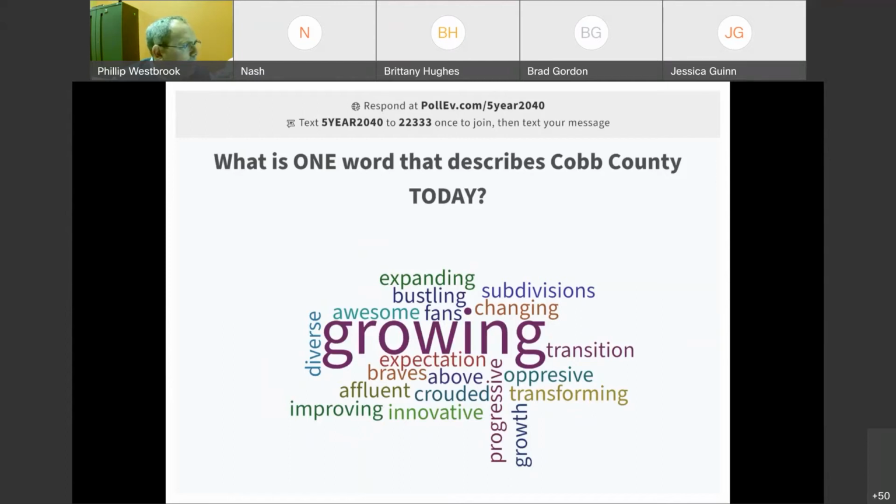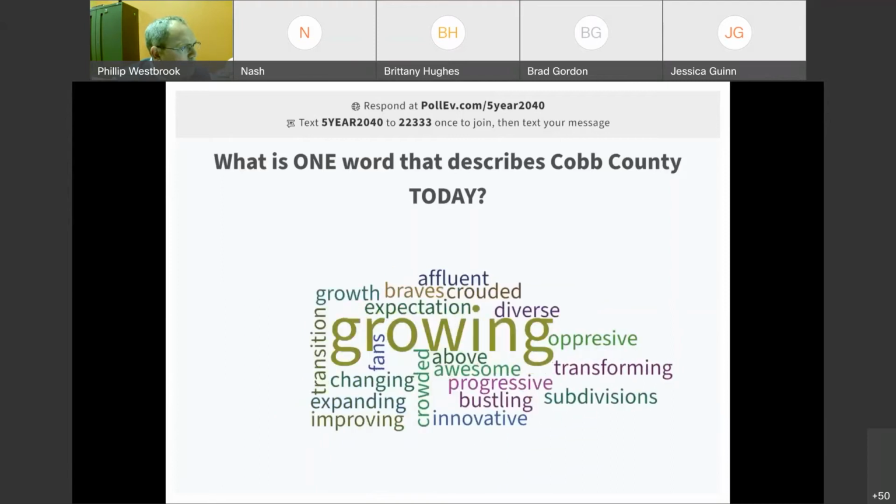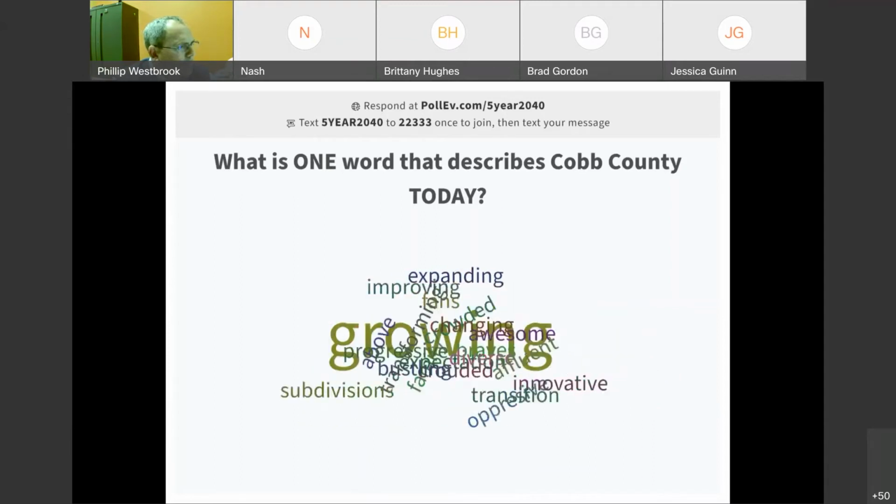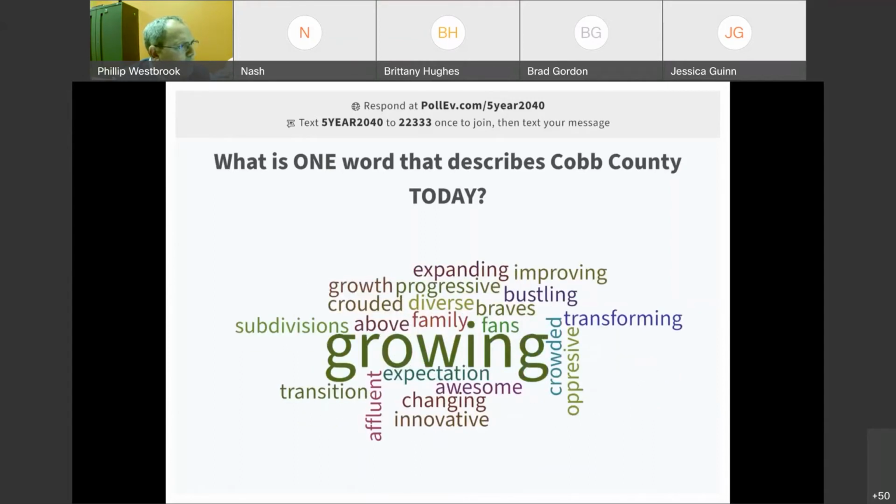So in this specific activity, it only takes the first word. So that's why that didn't completely show up. All right, we'll just give it a few more seconds.